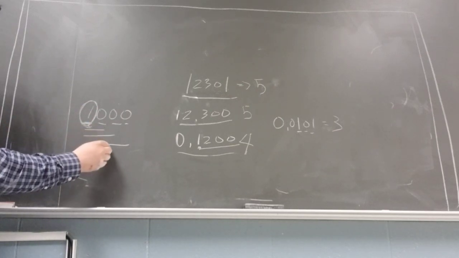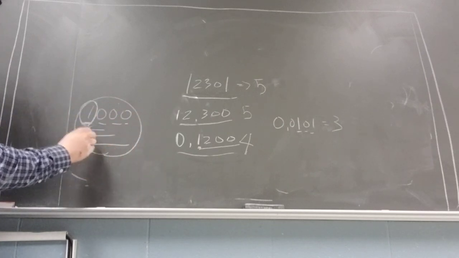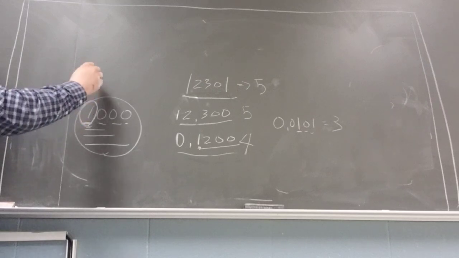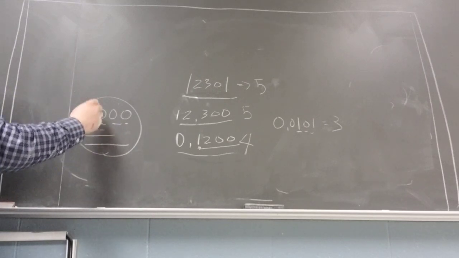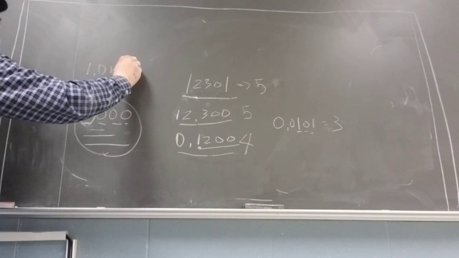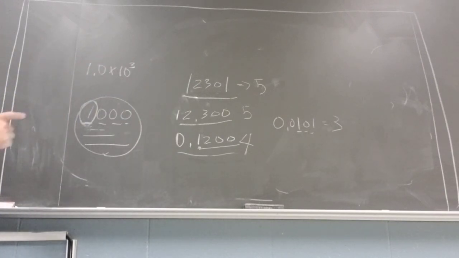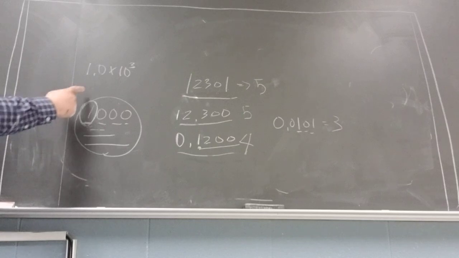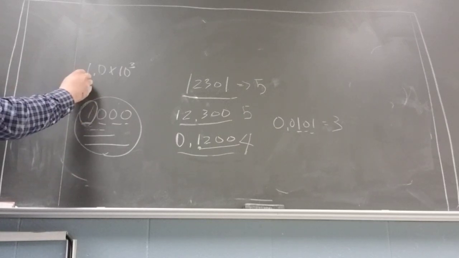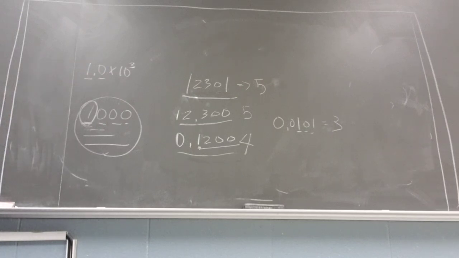That is the reason why we sometimes have to use scientific notation. If I put 1,000 here, but I put 1.0 times 10 to the third, this is also 1,000, but I know for sure it has only 2 significant figures.